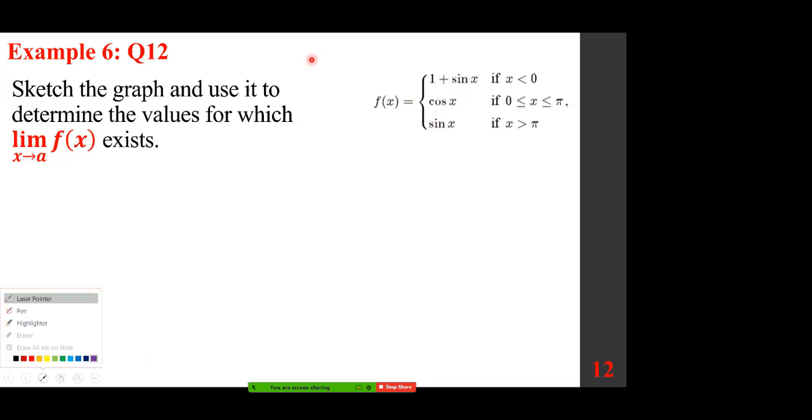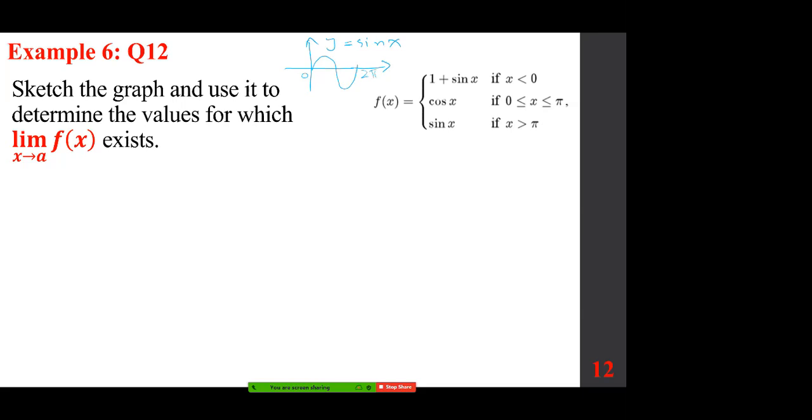This is the graph of y equals sine x. I'm just going with one cycle, and then you go indefinitely on both sides. This is 0, this is 2 pi. And again, you can go back to chapter 1. I have explained everything over there.